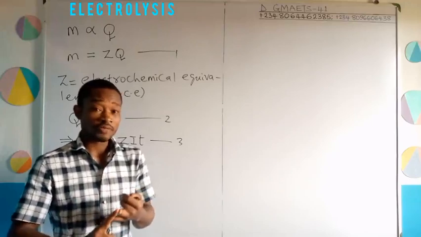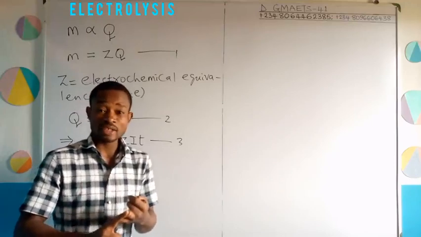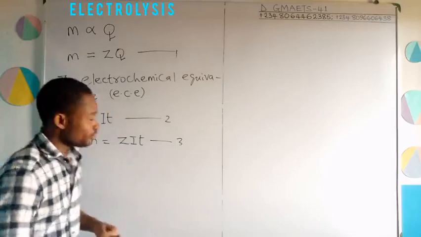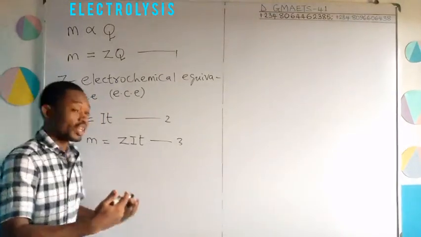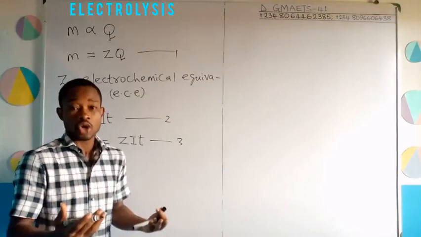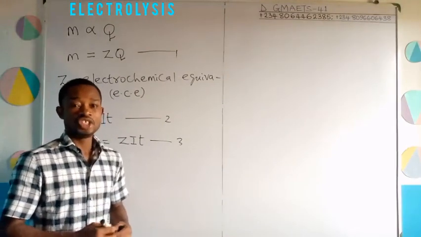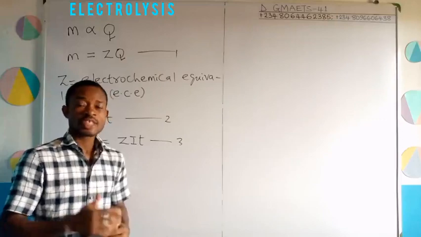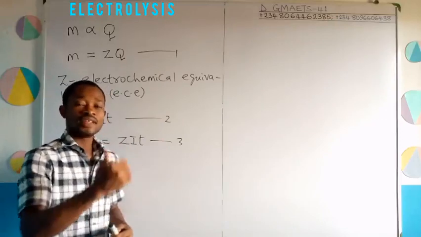I will give you that of copper, where we deal with divalent, and of course aluminium. So watch. At the cathode, assuming that during electrolysis you are electrolyzing a solution of silver trioxonitrate(V), AgNO3 solution, we expect that silver will be deposited at the cathode.